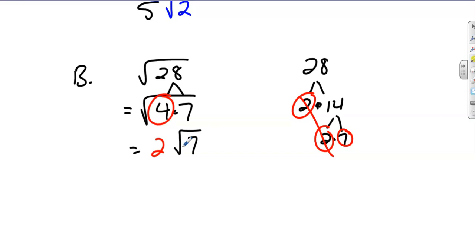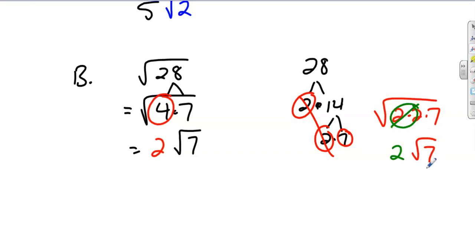And if you do, you can make a little bit of a shortcut. If not, you can always just break it down all the way down to prime numbers till you get 2 times 2 is 4. But if you take the square root of 4, that would make that 2, and then you've got the square root of 7 there. So either way you go, it's really just up to your choice.